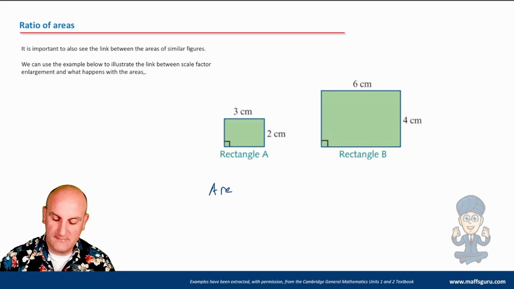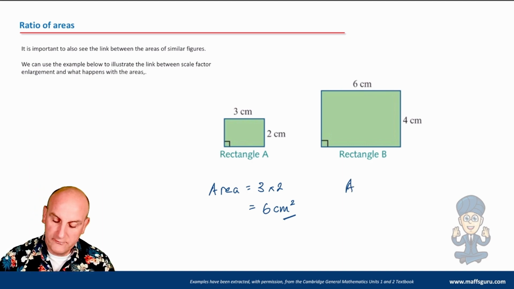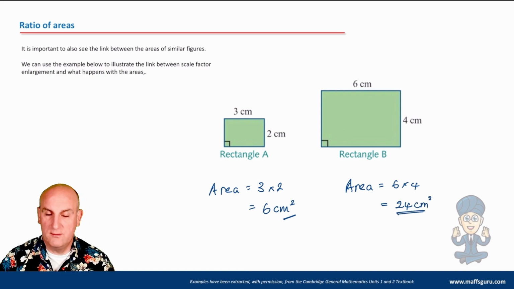The area here is given by 3 times 2, which is 6 centimeters squared. Nice and easy. So the area of the next one is going to be 12, yeah? Nope. The area is given by 6 times 4, which is 24 centimeters squared. Hold on a moment.